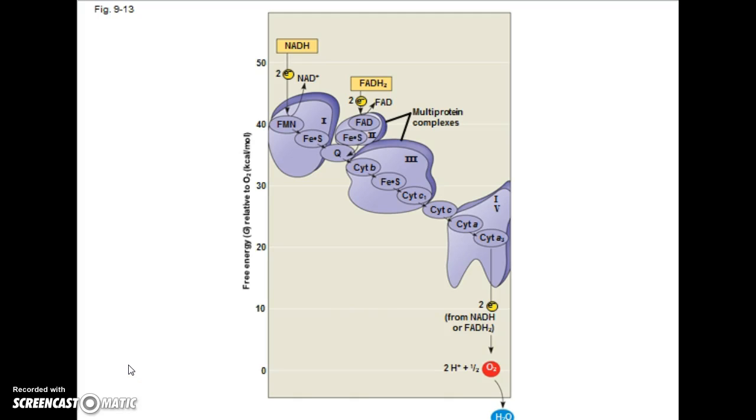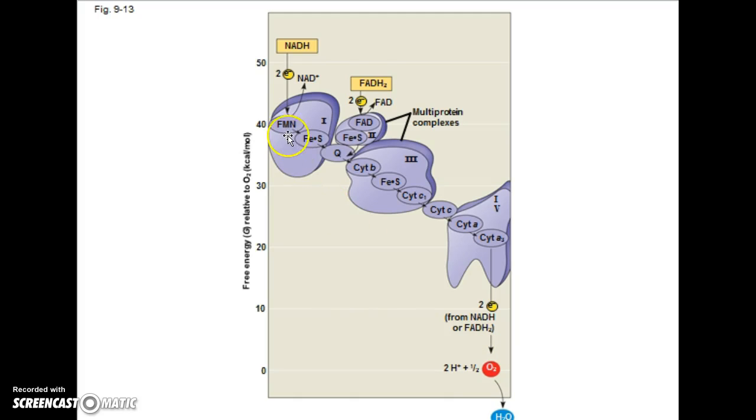So as you can see, there's a series of compounds in place to carry the electrons. We spoke about those electron carriers. These are called cytochromes. So there's quite a few cytochromes, as we can see. As the electrons are passed down, they drop in free energy as they're moved, ultimately towards this oxygen down here, forming water.